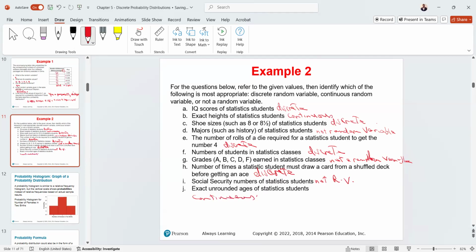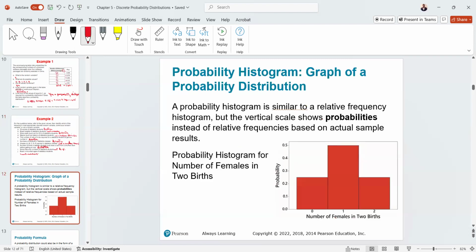All right. Now, the other ones we need to talk about, as I said, we're going to go a little bit faster on these. Is to graph a histogram to display probability distributions. A probability histogram, remember, is similar to a relative frequency histogram, but the vertical scale now shows probabilities instead of relative frequencies based on the actual sample results.